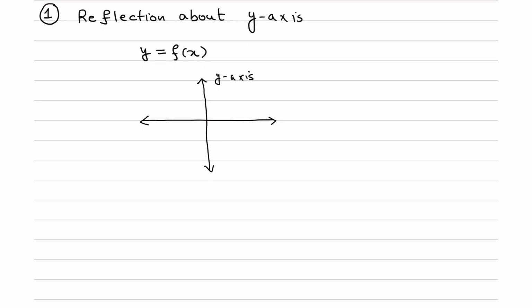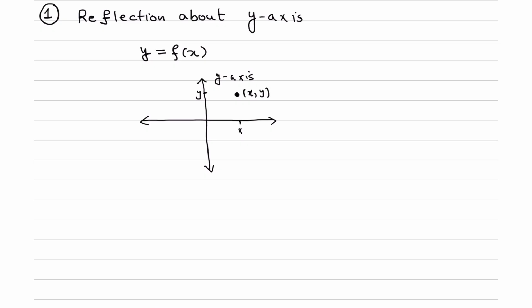Now, before we reflect a graph about y-axis, let's just reflect one point about y-axis. For example, there is this point in the plane. It has coordinates x and y. Now, if we reflect this point (x, y) about y-axis, what would happen?